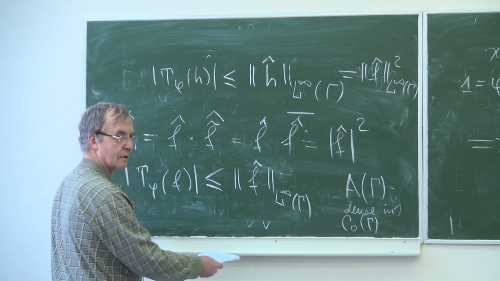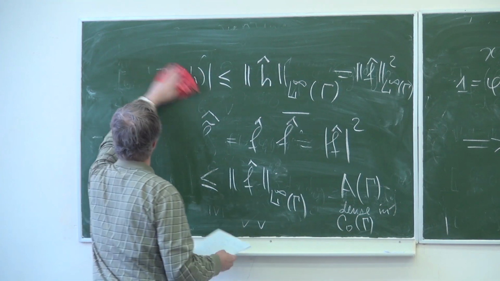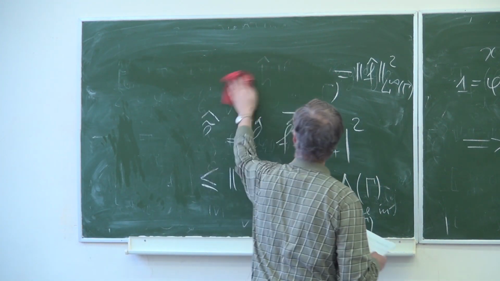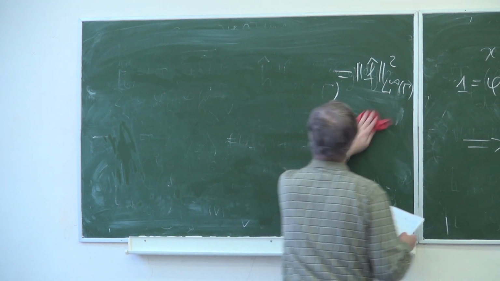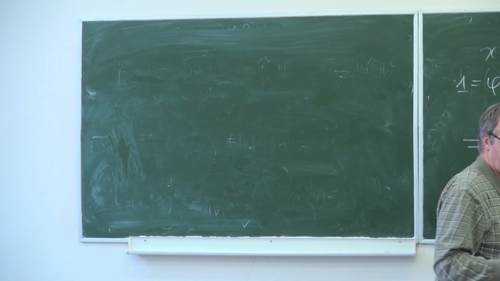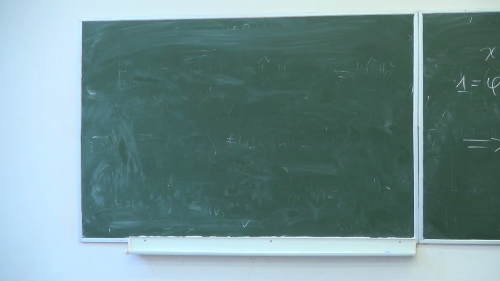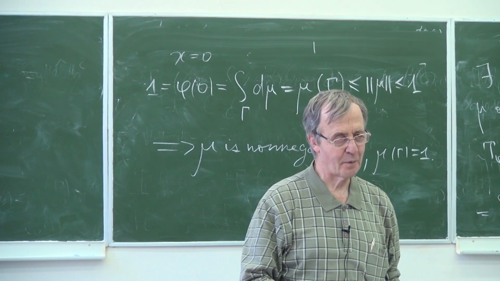May I erase all this? So the key point here is this formula for the spectral norm in terms of spectral radius.